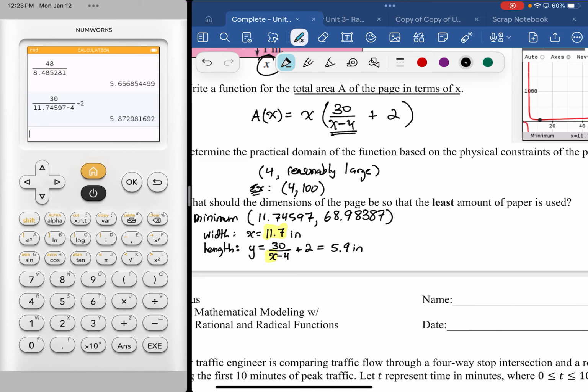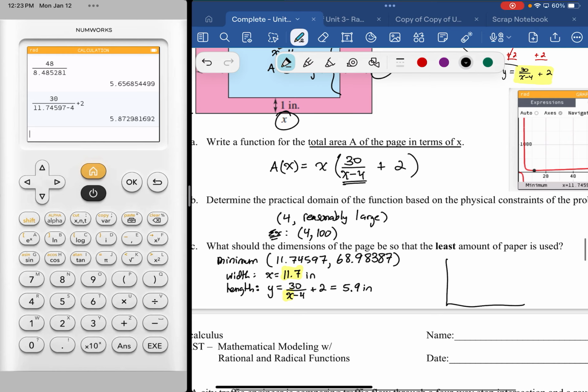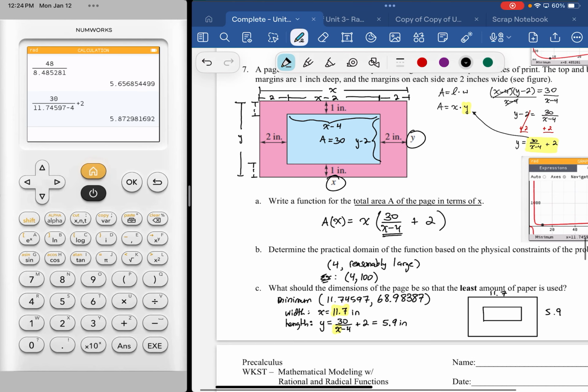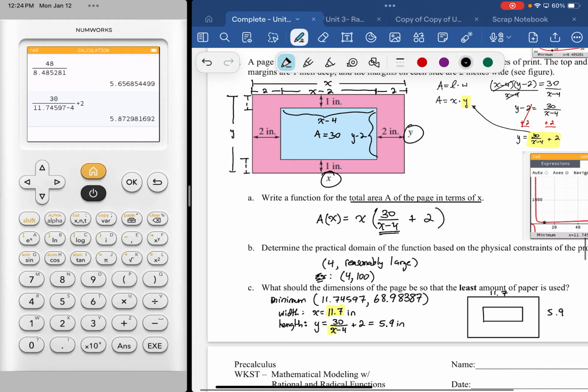And I'll just show the quick extra step here. It's not anything they asked us to do, but if I tell you that the entire length of y was 5.9-ish, and the width was 11.7-ish, we have a print on the inside that's four less.